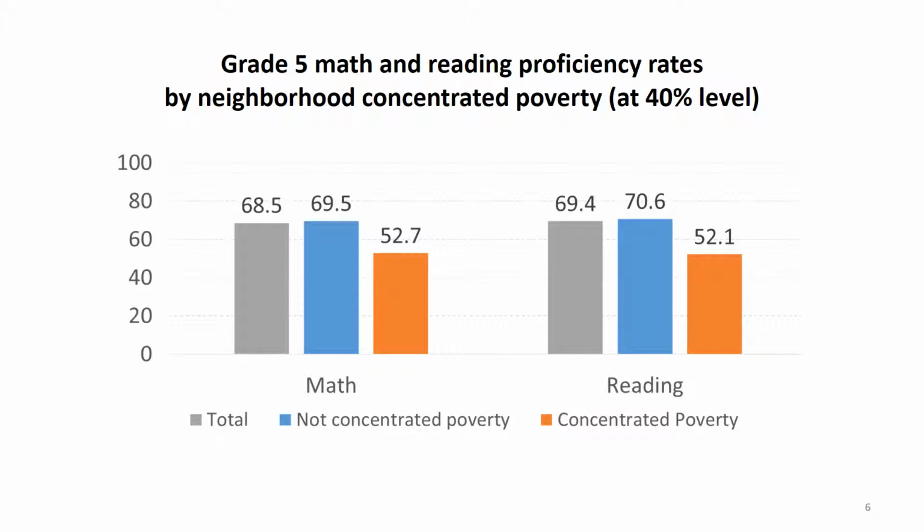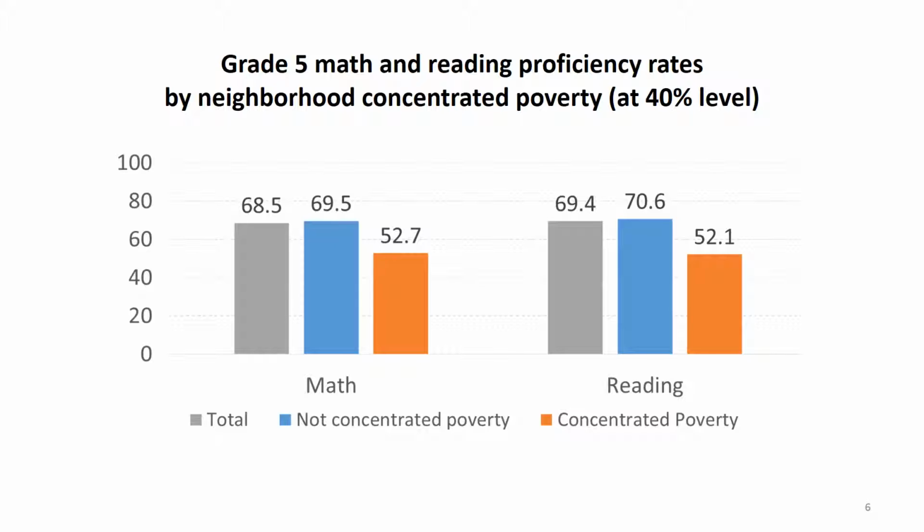So now we're going to get into the findings from our preliminary analyses around student outcomes and how they vary by neighborhood concentrated poverty. In this chart, we have grade 5 math and reading proficiency rates at the school level. And we can see that with the gray bars, about 69% of students nationwide are scoring proficient in both math and reading.